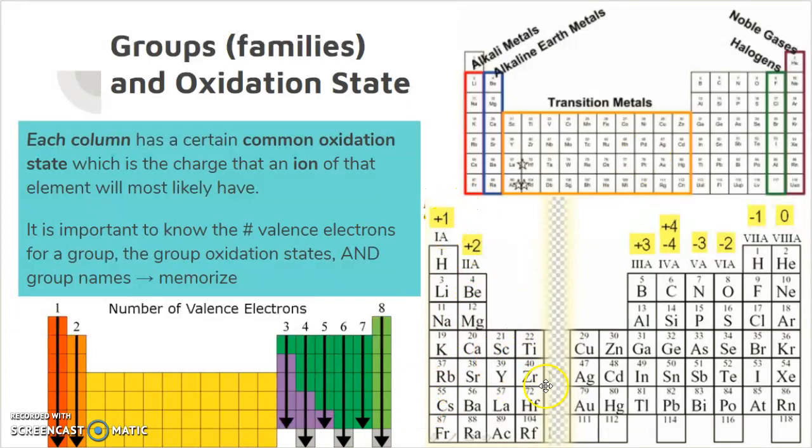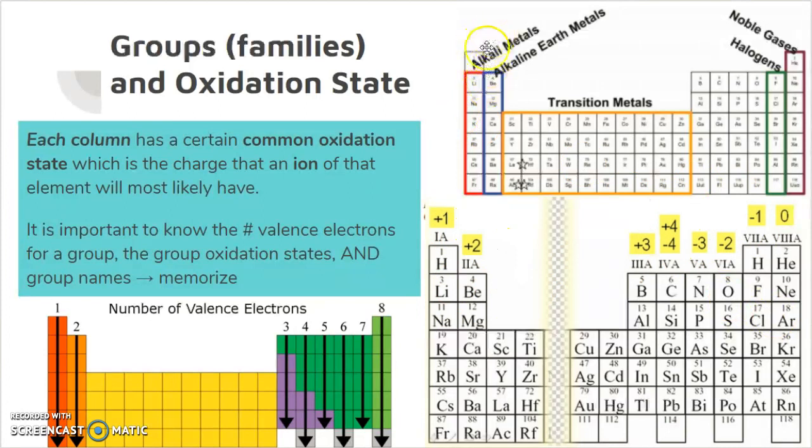The elements in the middle, we cut those out because they can have more than 1 charge, so we ignore those for now. But each of the main columns, group 1, group 2, group 3, 4, 5, 6, 7, and 8, has a pretty consistent charge that its ion would have, and so it's important to be able to know what charge an element would have based on what column it's in. So it's highly recommended that you memorize that.